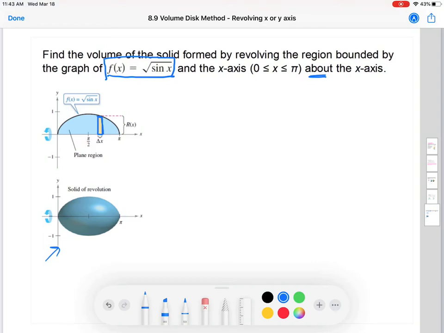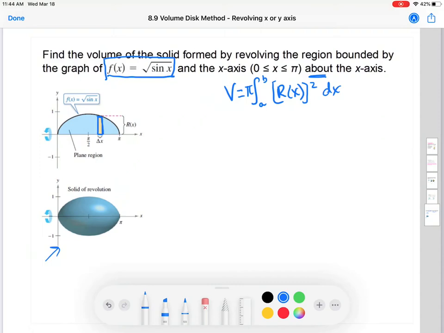So we can imagine that if we start slicing that perpendicular to the x-axis, we are going to get a whole bunch of circles. So when we set up volume, remember, our equation is going to be pi times the integral from a to b of our radius squared. Okay, and this one is in terms of x because we're revolving around that x-axis.